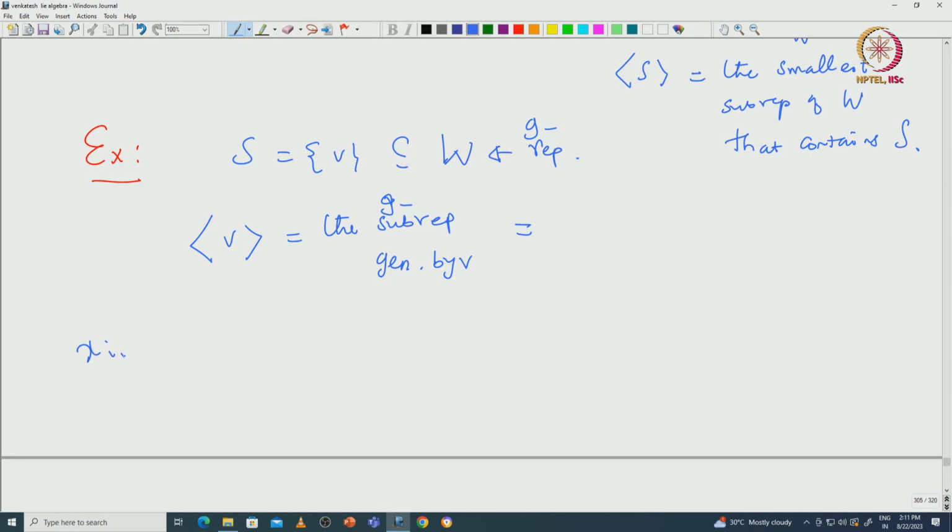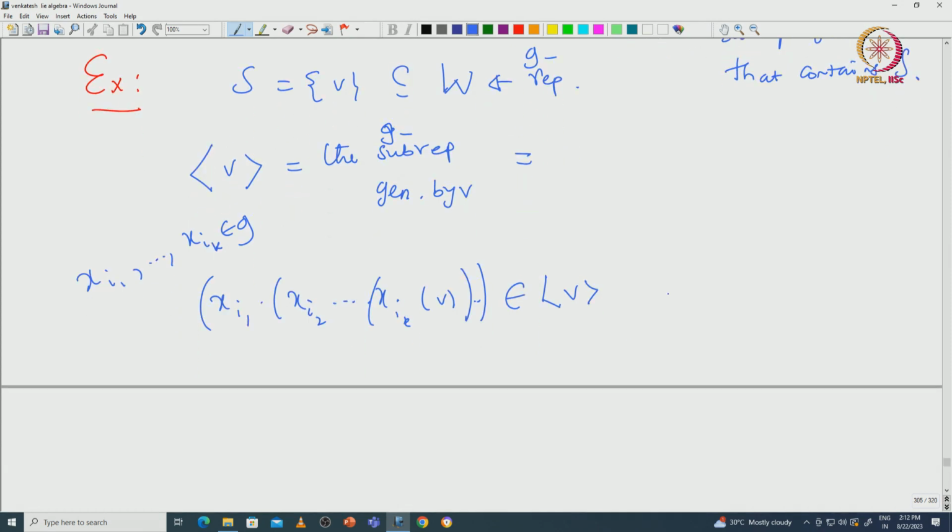If I take xi1 etcetera, xik coming from G, and then apply xi1 on xi2 and so on, xik of V, then this must be an element of your sub-representation generated by V. Okay. But if you think about it, the span of this will again be a submodule. So, that will be exactly your G sub-representation generated by V.